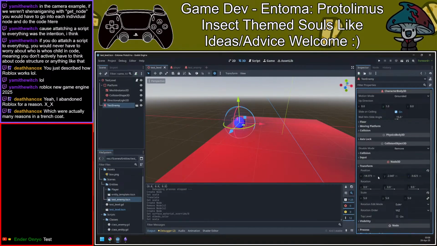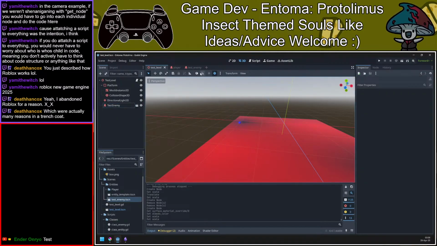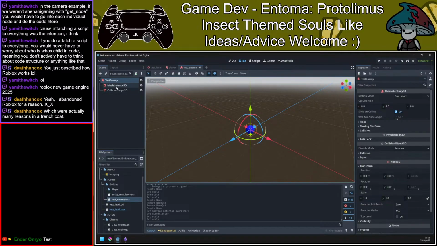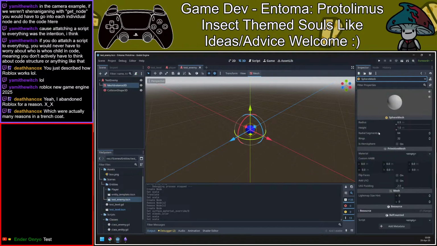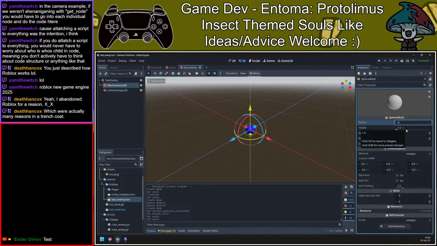Transform might be local. That would make sense. Otherwise, your position would never be able to update. So what I should do instead is just make these bigger directly.